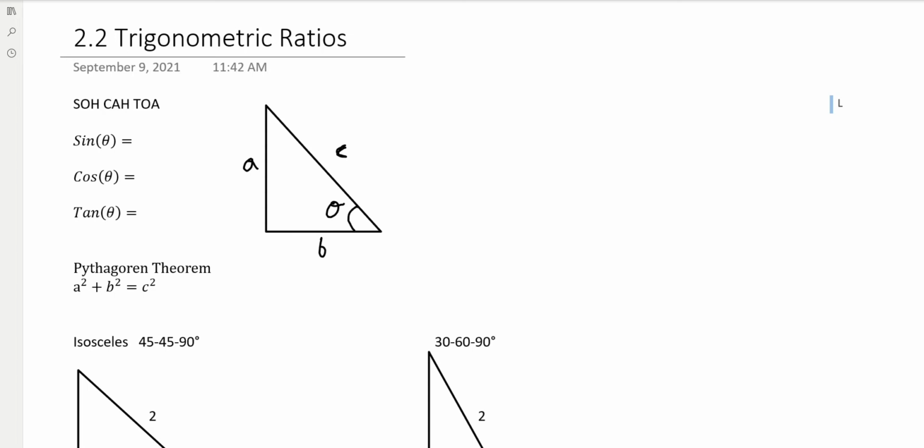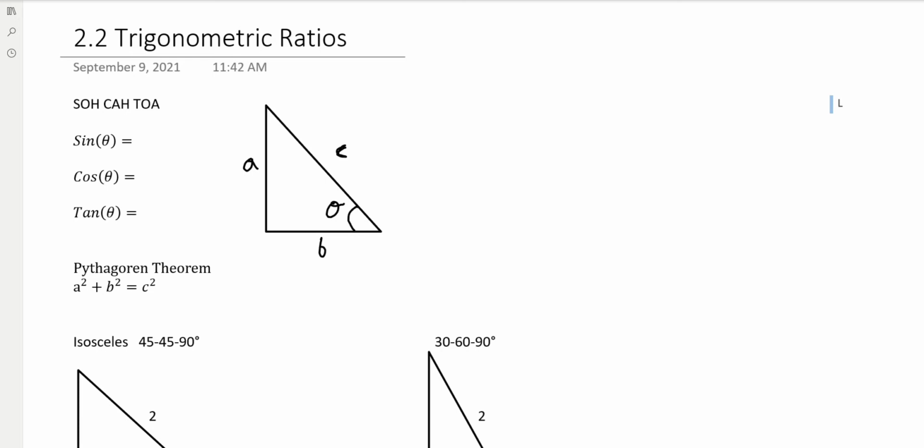Normally you just type in sine angle, cos angle, tan angle, or sine to the -1, etc. Inverse trig functions. But in this case, we're going to start to be able to do it without a calculator, which is pretty awesome. Not every possible angle, but you can get close. You can do some of the most important angles.